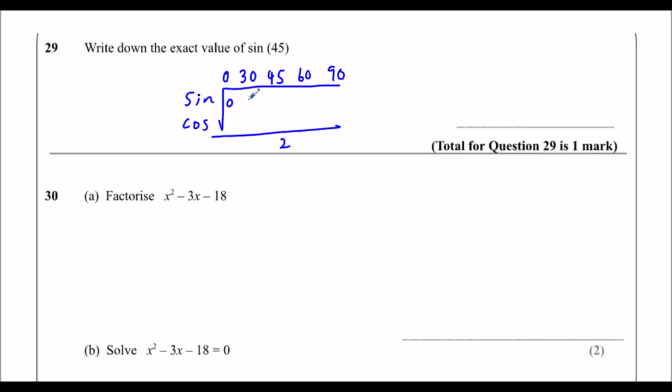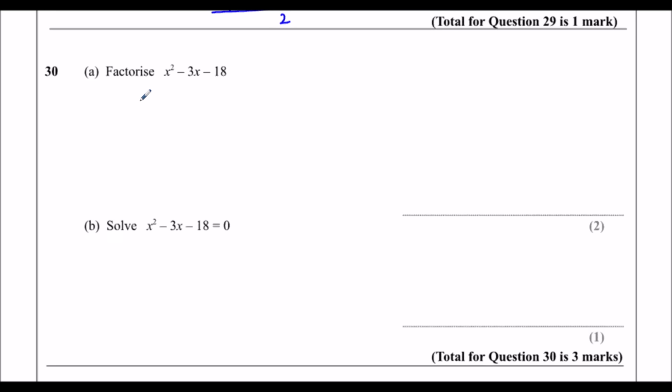And then this starts at 0, 1, 2, 3, 4. And cos goes backwards, 4, 3, 2, 1, 0. So we want sine 45. So that's square root 2. Sine and 45 meet at square root 2. And then that's divided by 2. So it's square root 2 over 2.